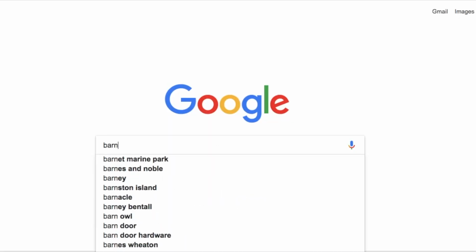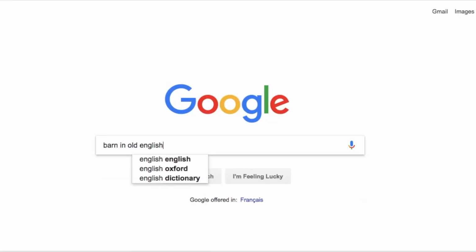So I just did a quick search for barn in Old English. I'm just gonna stick with English here because it's just easier for me to work with because I'm English speaking. So I found a couple old-timey ways of spelling barn.